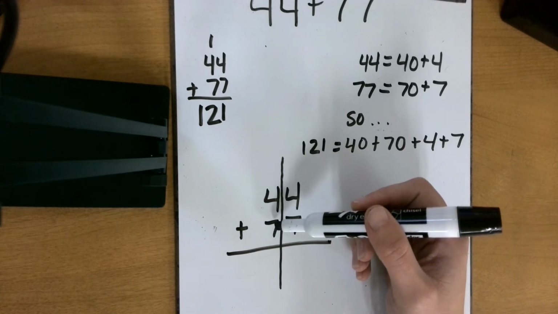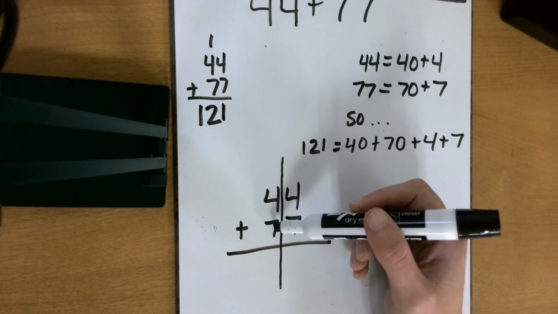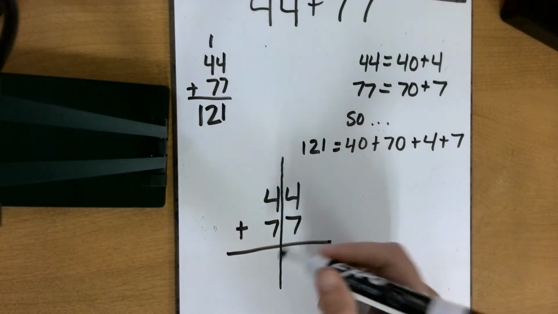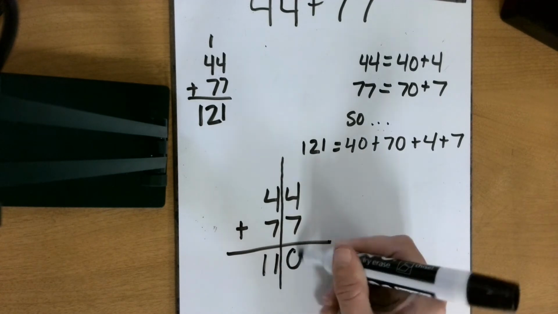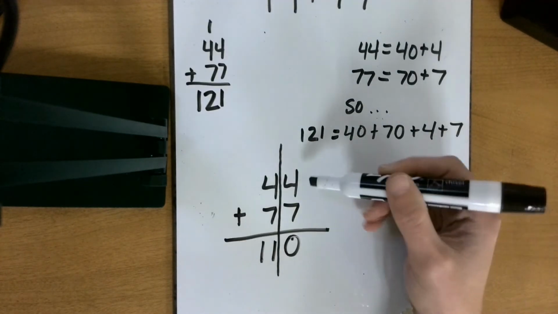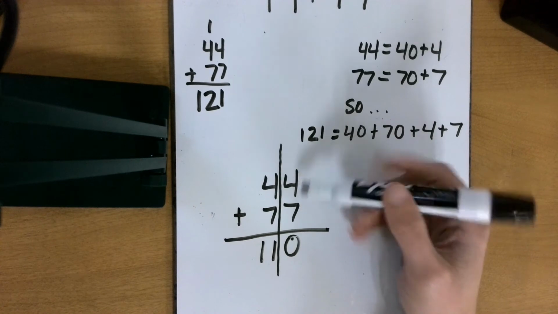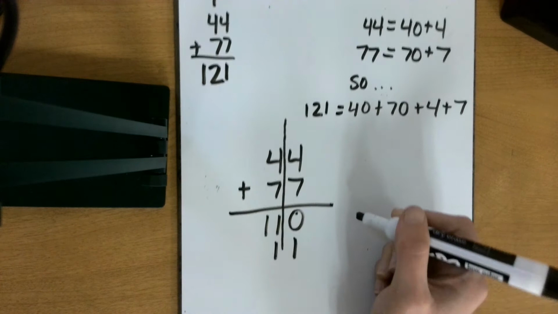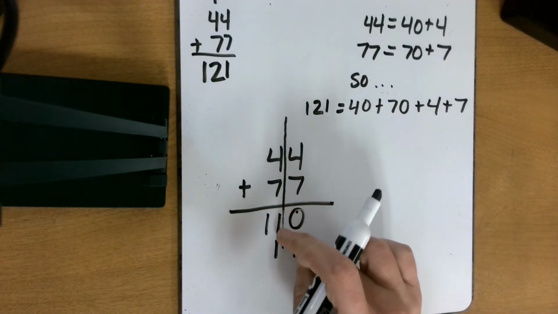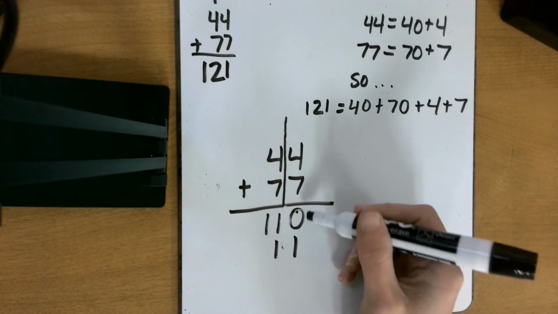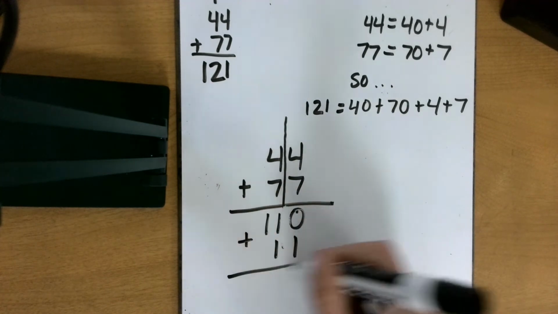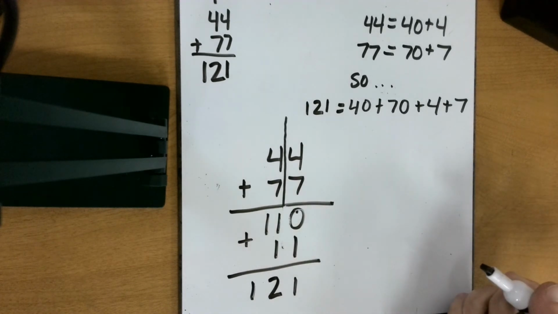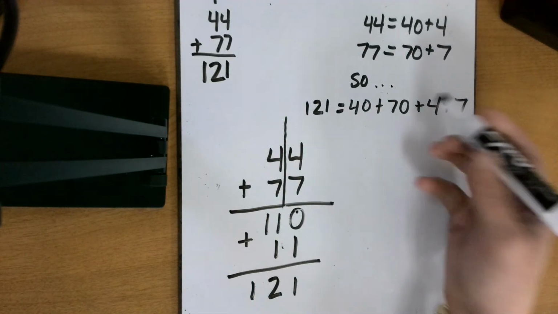So I have 40 plus 70 to start with, 70, 80, 90, 100, 110. And then I can go ahead and add my ones up, where I have 4 plus 7 is 11. Okay, so I have 110 plus 11, and I add up those two partial sums then for a total of 121.